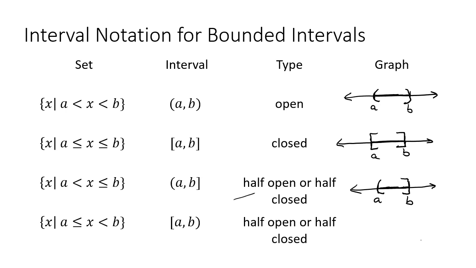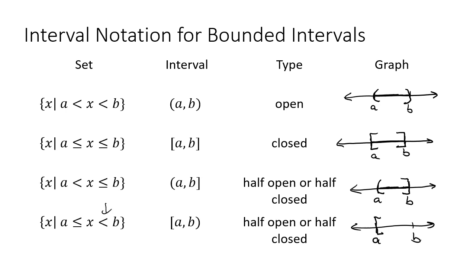Important to note that you couldn't have half open or half closed intervals with the unbounded intervals we looked at before. Instead, they were called open or closed purely by the endpoint that wasn't the infinity. This time, both endpoints have a bit of an influence in the name of open or closed. And similarly, if the or equal to is now part of a, it gets the square bracket because it's part of the solution.